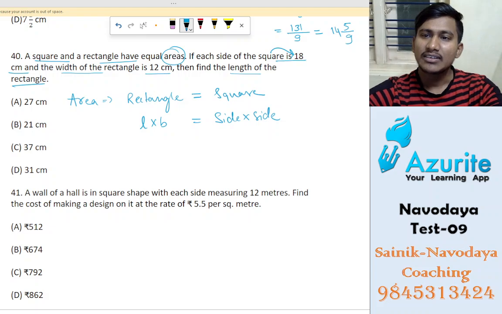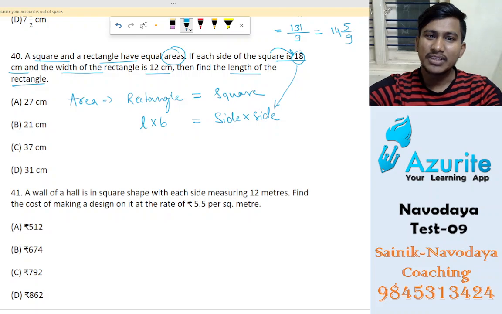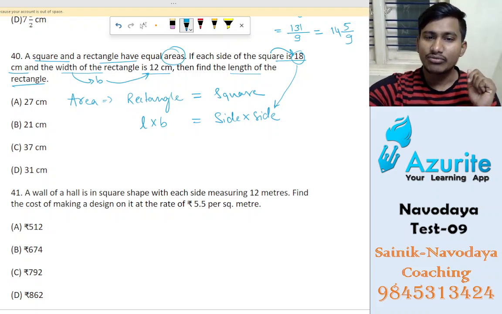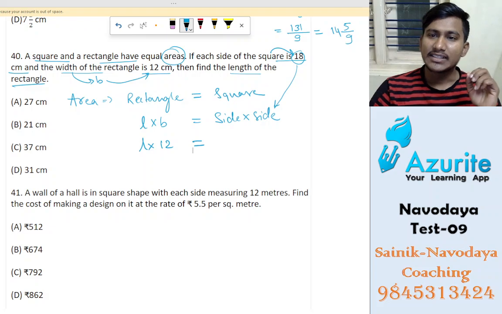Here the side of the square is 18. This is the side, okay? And they have given the rectangle width. Width means that is breadth they have given. Rectangle is 12. So we have to find the length, so keep length as it is. Breadth is 12, equal to the side, how much here? The square side is 18.